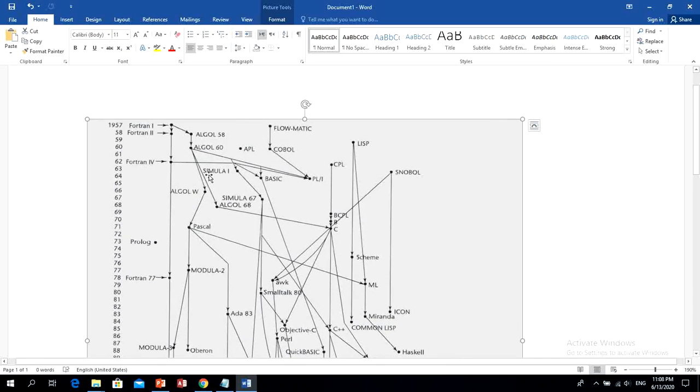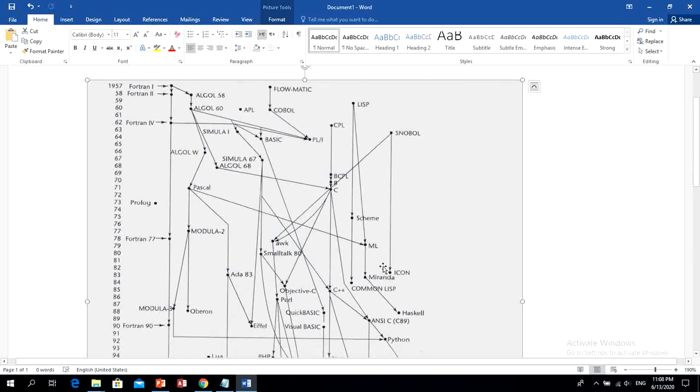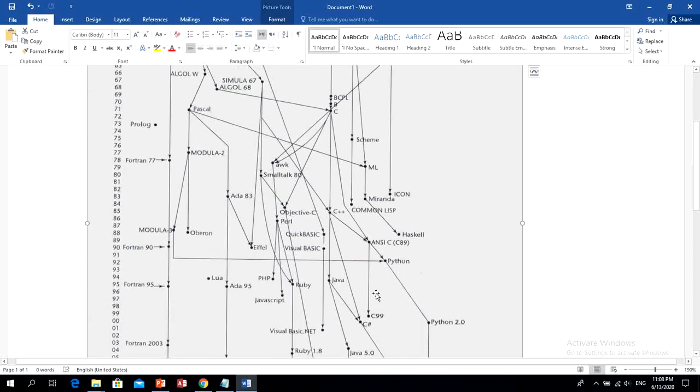But other languages, you'll see them spread according to the years they were developed, like Common Lisp here, which was designed in the mid 80s, and C++ also in the mid 80s, and then Ruby, PHP, which was developed in 1994, and so forth.